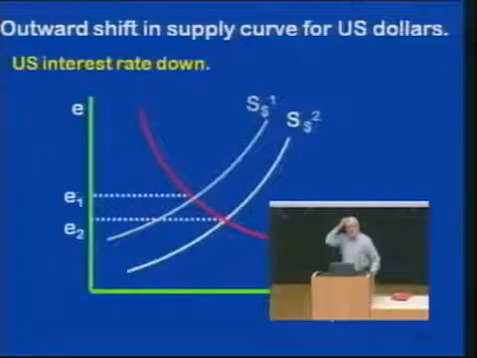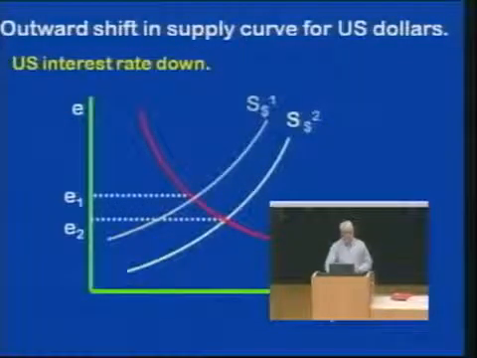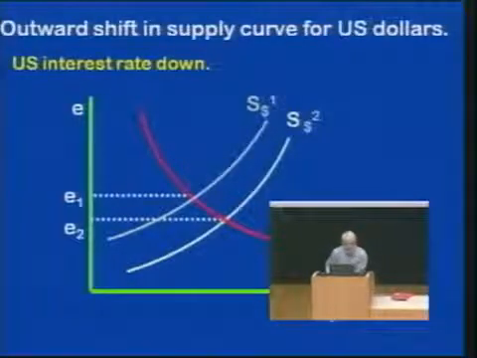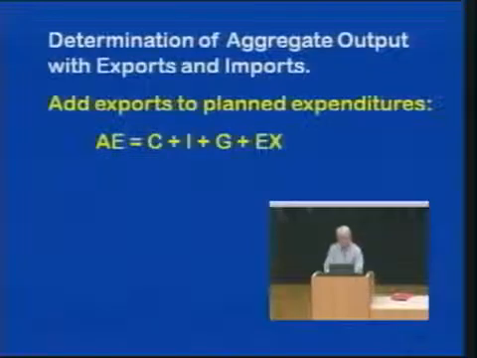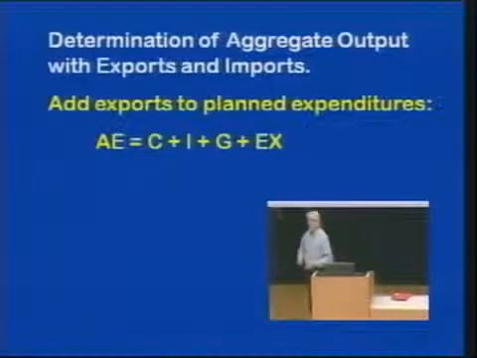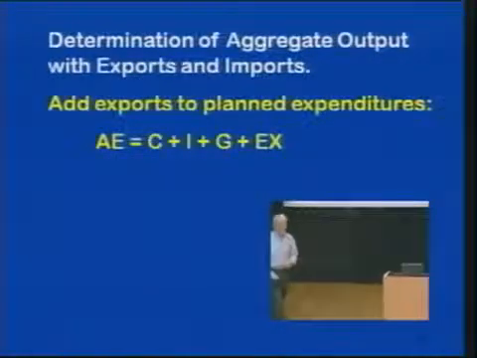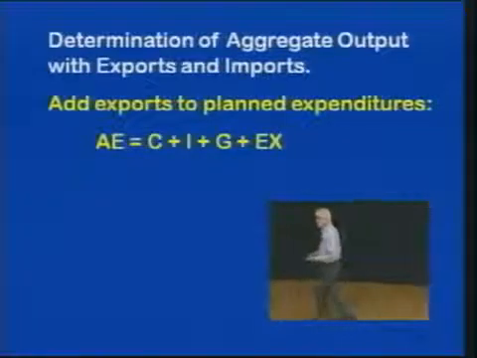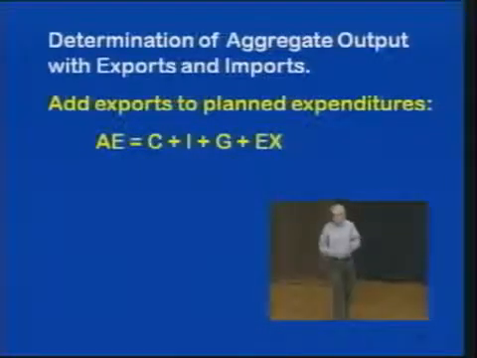Okay, now given this, we now want to go back to our macroeconomy and add trade into it and then see how the exchange rate affects the equilibrium in the aggregate output and also the effectiveness of fiscal and monetary policy. Okay, so we go back to our original graph, our original concepts of planned aggregate expenditure determining the amount of output in the economy.